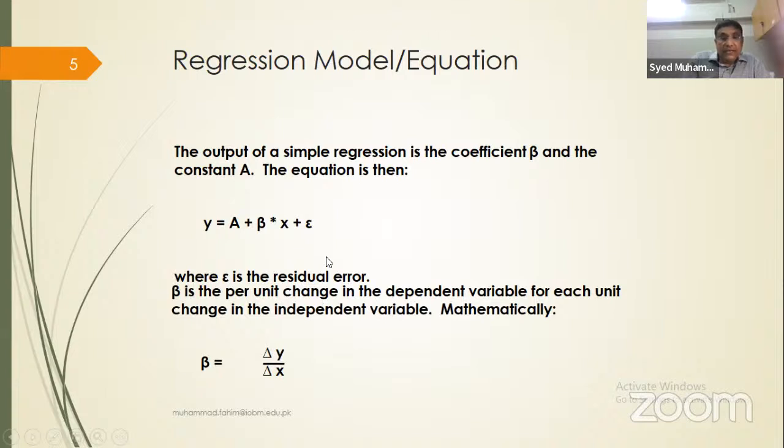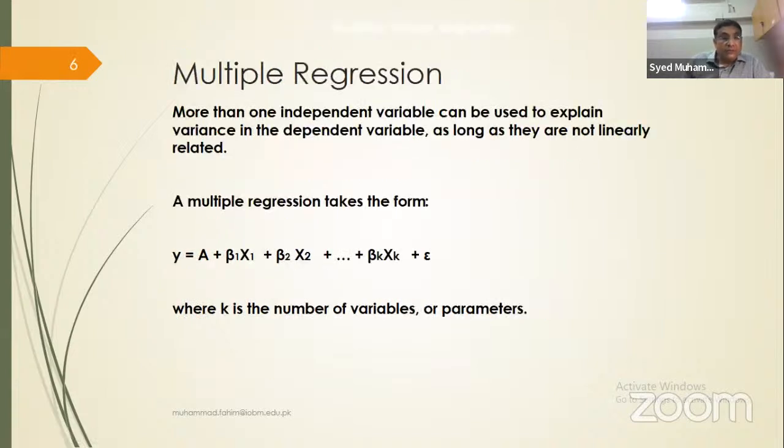If I try to extend this equation and add one more independent variable, say x2, then the equation would be y equals a plus b1 x1 plus b2 x2. x1 is the first independent variable, x2 is the next independent variable, and so on.